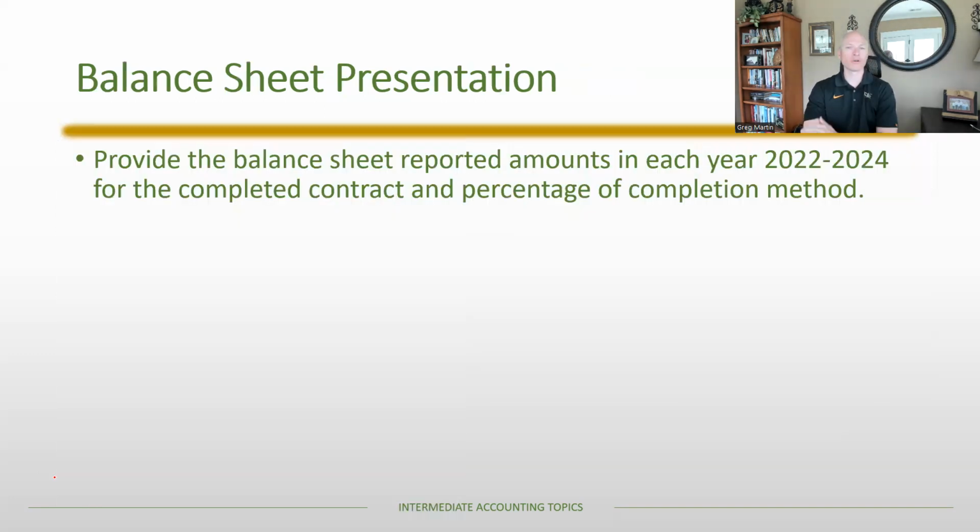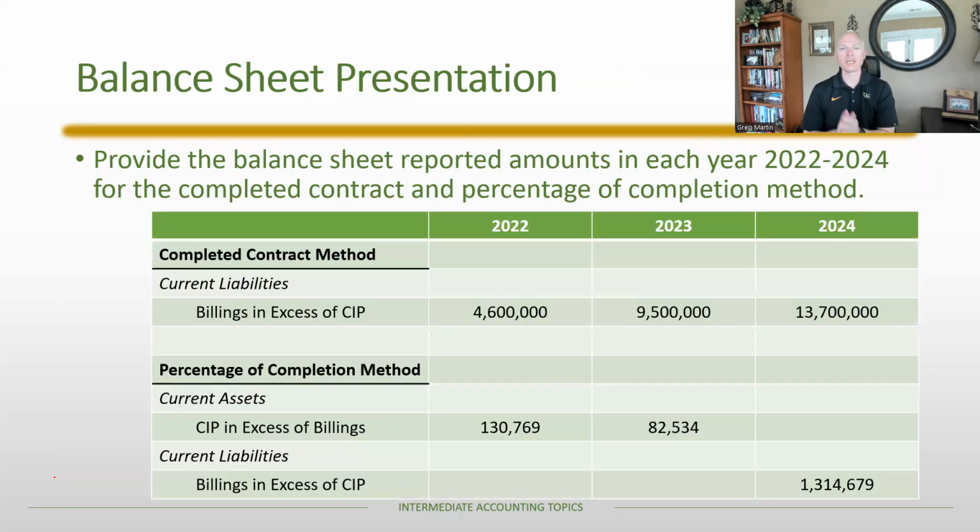All right, so let's talk about what's going to be reported on the balance sheet. So from 2022 to 2024, let's talk about what the balance sheet is going to look like. So under the completed contract method, again, remember, we report the net. And so if the billings are more, then we report the net as a current liability.